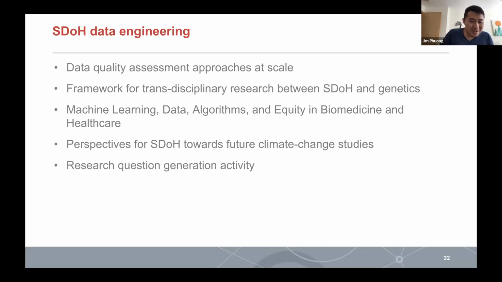And then we have a lot more questions with regards to machine learning and how to abstract patterns from social determinants of health, whether in an equity perspective or really to consider what are the patterns explained by it. We recently had a perspective article accepted looking at social determinants of health and the future of climate change and COVID.